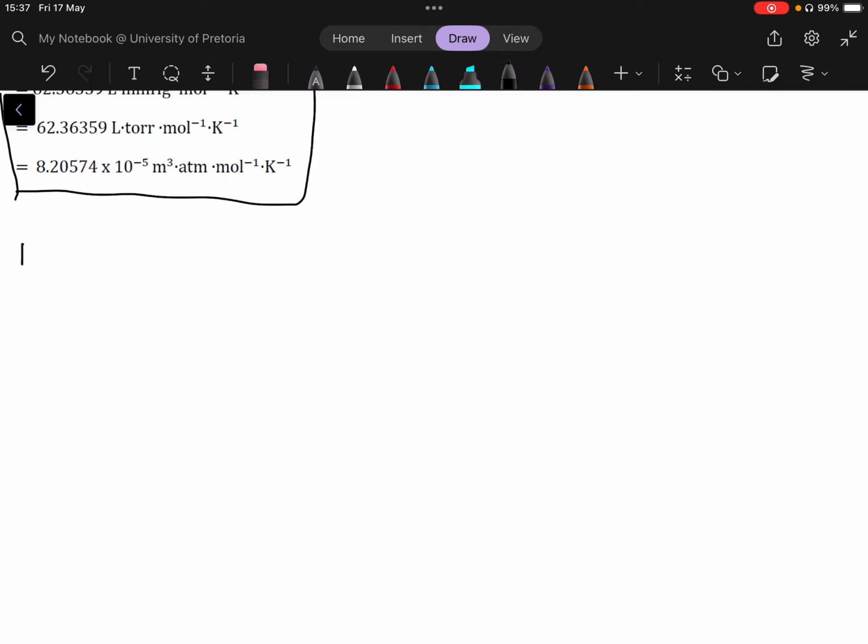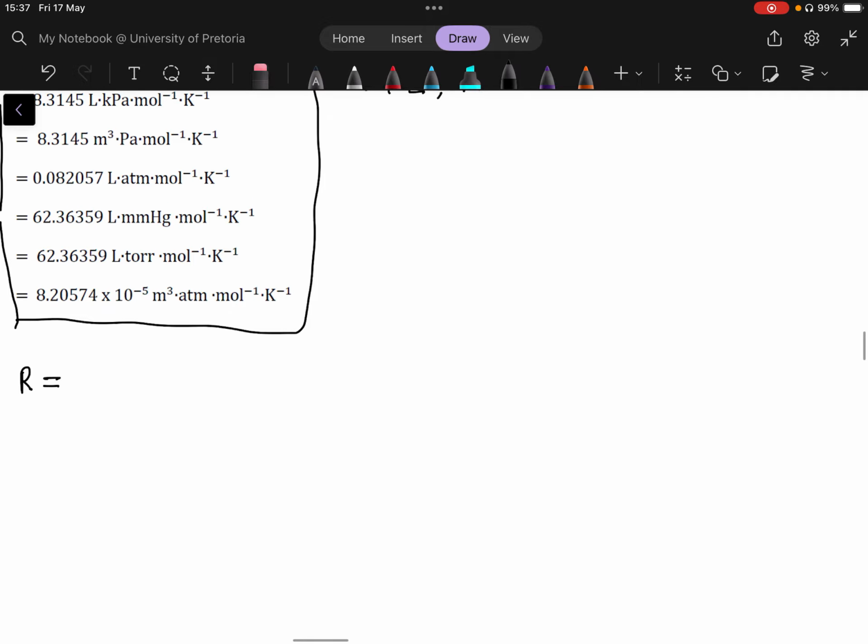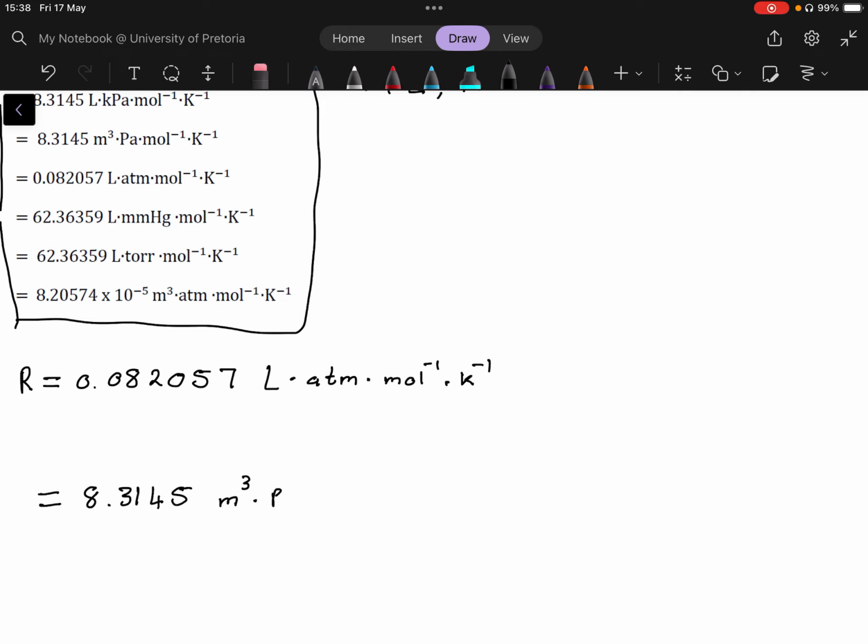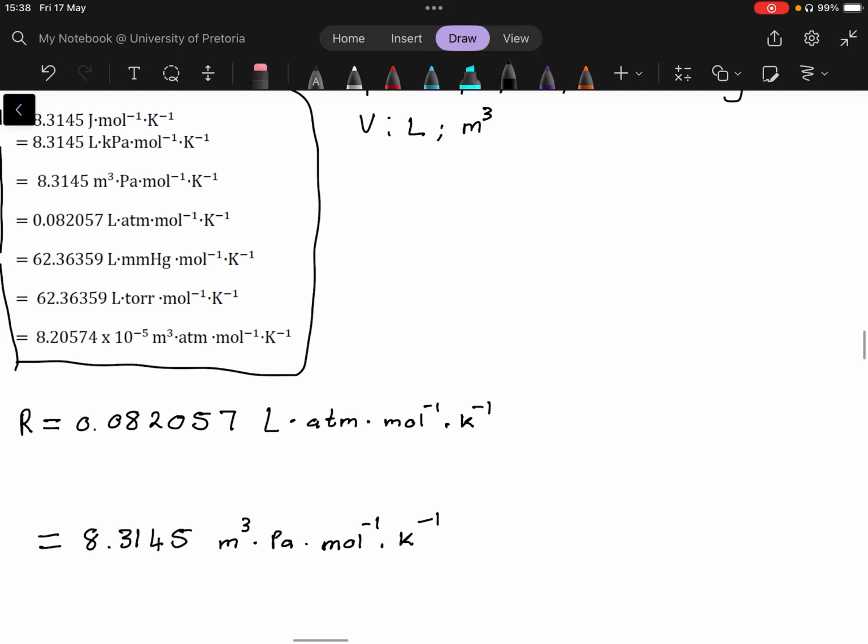If we take R is equal to 0.082057 liter atmosphere per mole per Kelvin, and let's say we want to eventually end up with 8.3145 cubic meter Pascal per mole per Kelvin, which you will see is exactly the same as a joule per mole per Kelvin, because cubic meter Pascal is a joule.